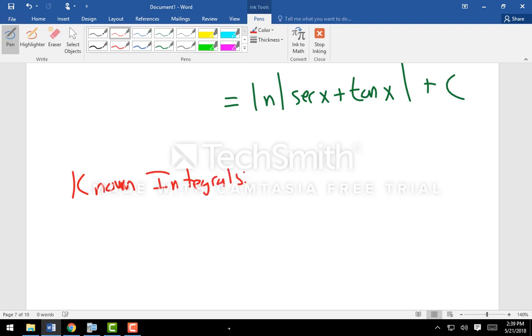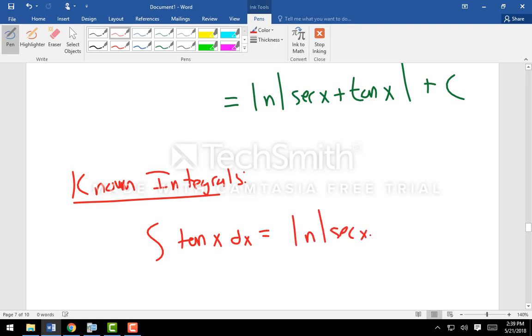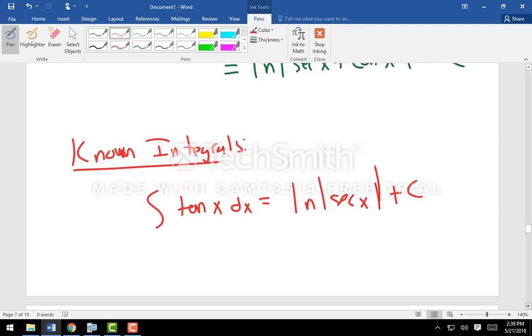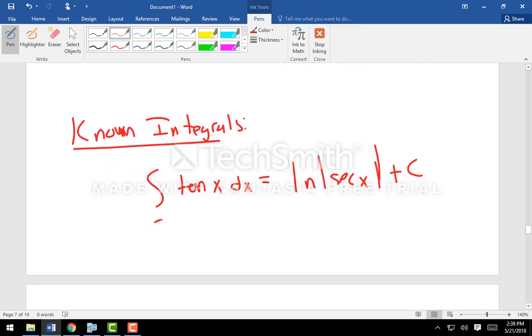And so as we work on problems in this section, we don't want to have to actually do the antiderivative for tangent. We just want to know that that's ln of secant x. And then if we were to encounter the integral of secant, again, we want that to be a recognized ln of secant x plus tangent x.